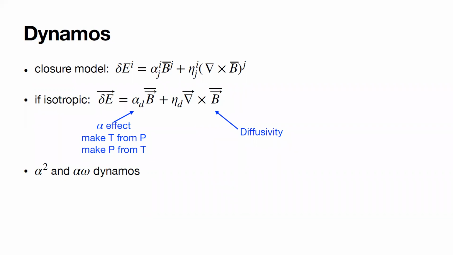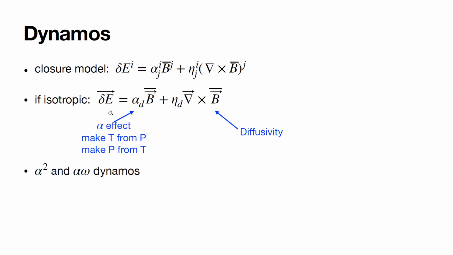Alpha ij times B average j. A lot of times you'll see that studies will just assume that the tensor is isotropic and make it a scalar, right? That's probably a very questionable assumption for something like an accretion disk where there's this very strong azimuthal structure, right? But let's say that there is such a term.